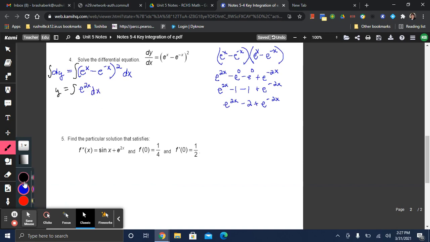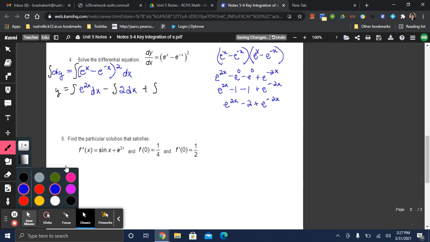So the integral of e to the 2x dx, and then minus the integral of 2 dx, and then plus the integral of e to the negative 2x dx. And I think you'll do better to have that separated in that form.